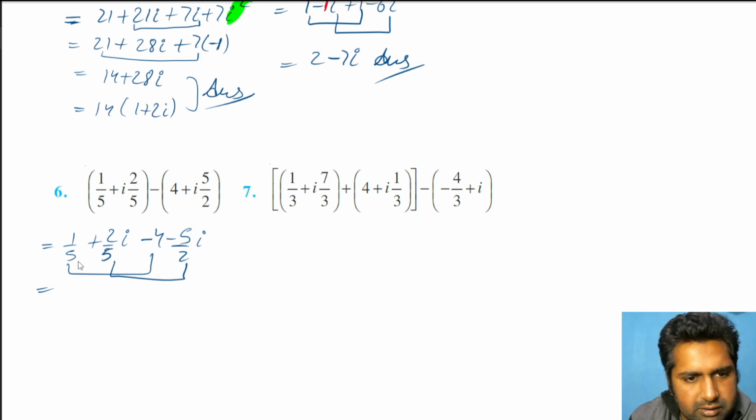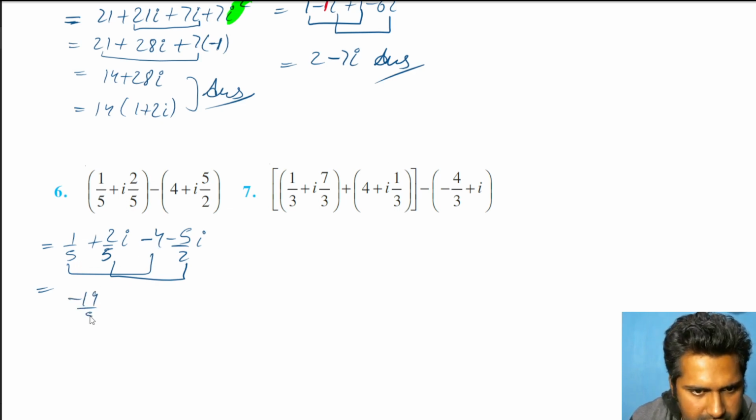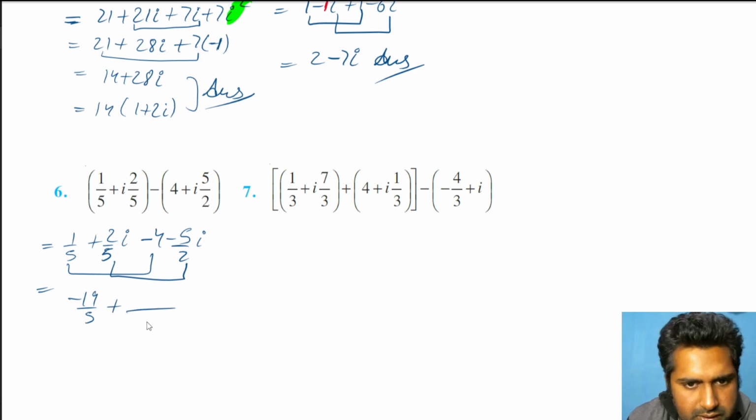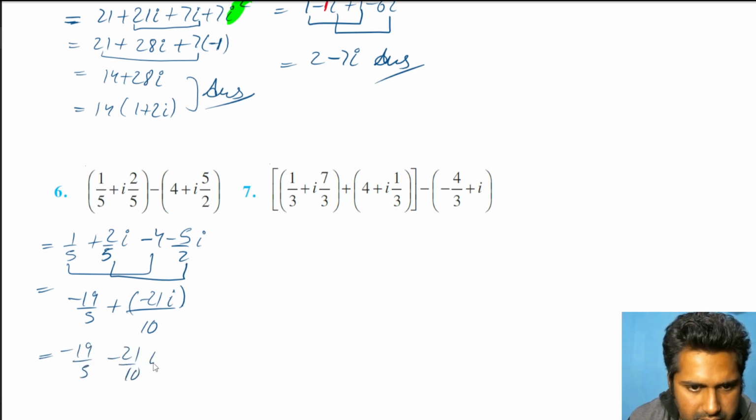So minus 1 by 5, that becomes 20, minus 19 by 5 plus, this becomes LCM 10. 4 minus 10, that becomes 4 minus 25, sorry, minus 21i. So that becomes 19 by 5 minus 21 by 10 iota. Okay.